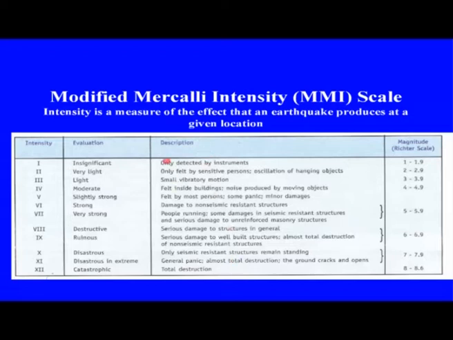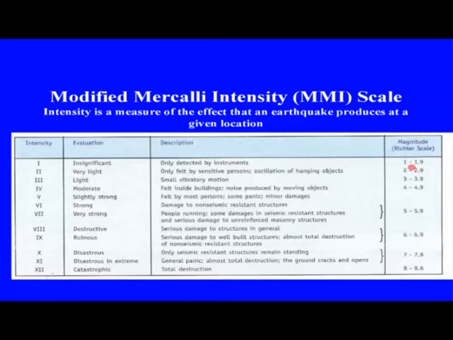We can find out all of them: only detected by instruments, only felt by sensitive persons, small vibratory motion, felt inside buildings, felt by most persons, damage to non-seismic resistant structures, people running, some damages in seismic structures, serious damage to structures in general, serious damage to well-built structures, only seismic resistant structures remain standing, general panic, almost total catastrophe.